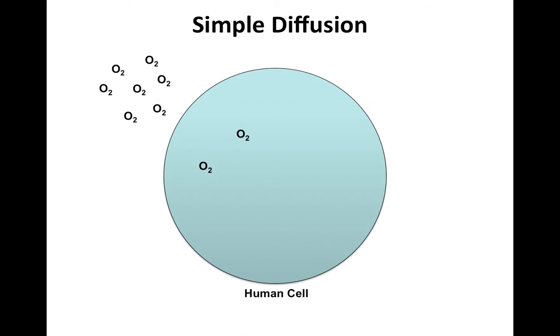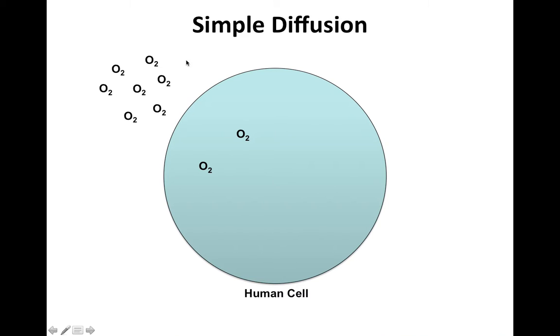The example that we use right here in this image is oxygen. Oxygen gas is nonpolar. Right? It's also very small. And because of its chemistry, it doesn't get stopped by the fatty acid nonpolar region of your plasma membrane. The other thing that we see right over here is there's a difference in concentration on either side of the membrane.